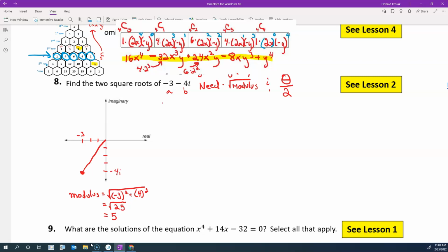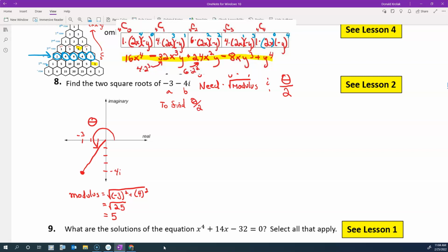All right, so to find theta divided by 2. Okay, so this is what theta is. We want to figure out what that angle is. That's theta, and then we're going to divide it in half to get the square root of the complex number.